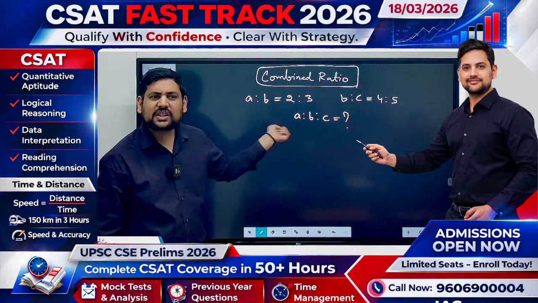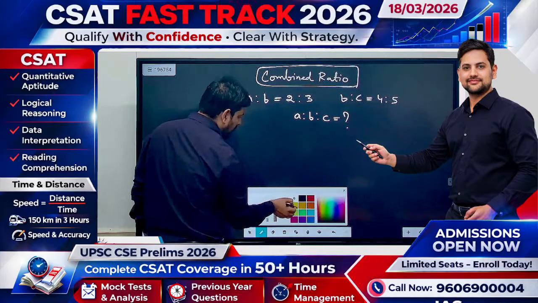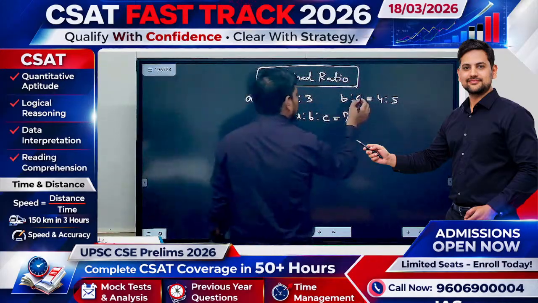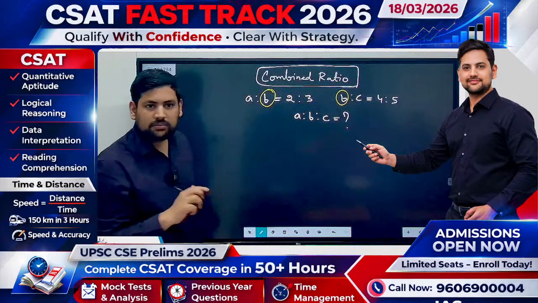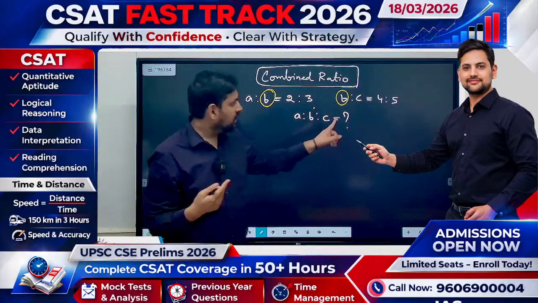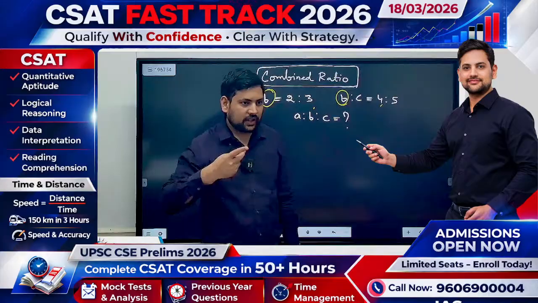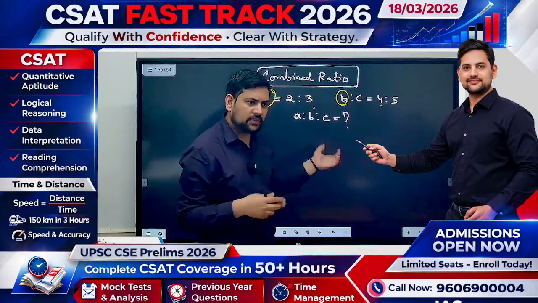So basically, what do you see in common between them? B is common between them. But B is corresponding to different values here. B is corresponding to 3 here and corresponding to 4 here. If it was equating to the same value, then it would have been much easier for us.